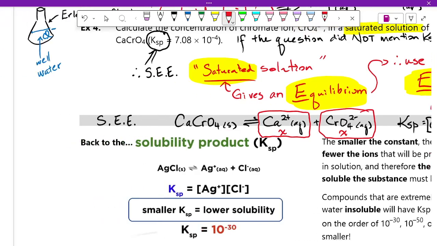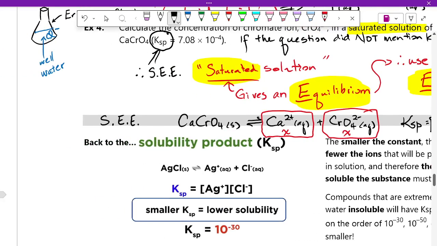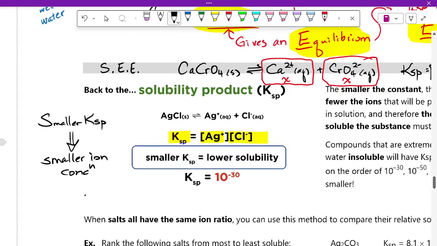If you have a smaller KSP, what does that tell you about the number of ions? Yeah, because KSP is equal to the ions times the ions. So a smaller KSP means we have smaller ion concentration. Does that mean that more can dissolve or less can dissolve?